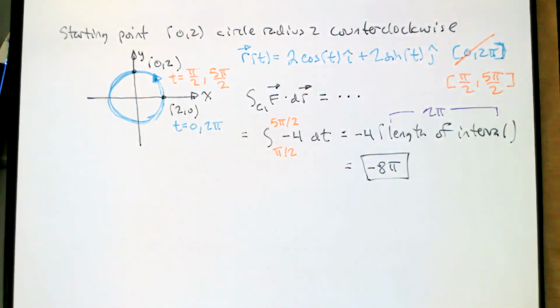The next thing we wanted to do was check the clockwise thing, come up with a parameterization for the curve going the other direction to make sure that we come up with an 8 pi. So there's a few options that we have. We could rewrite a new parameterization, or we could just try to run this parameterization backwards somehow.